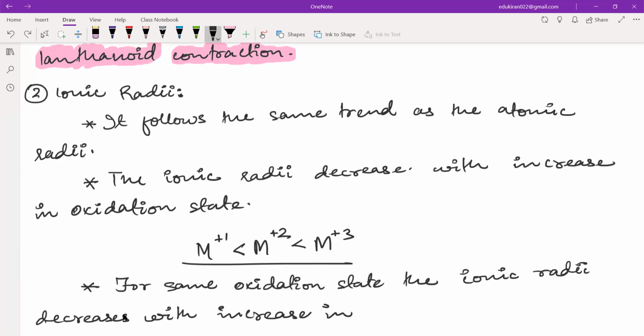Nuclear charge means atomic number. What is nuclear charge? Number of protons. Number of protons is determined by the atomic number only.